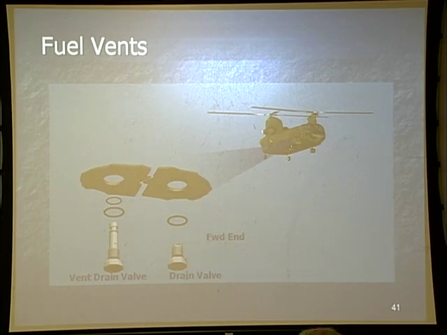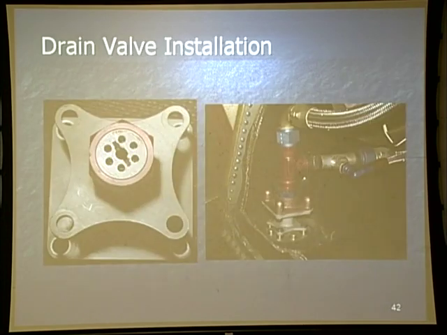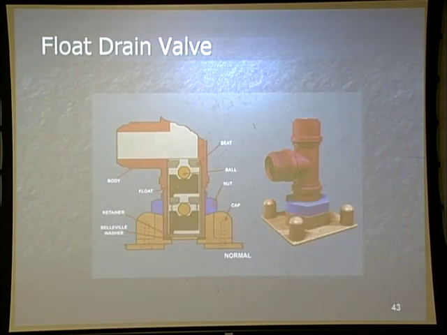Okay, now, the thing about the tanks that we have to remember is this aircraft is capable of doing water landings. Because of that, where did we say the vent was? On the bottom. Well, if I do a water landing, now where's the vent? On the bottom. It's underwater. So we have a system in here that prevents water from coming up that vent.